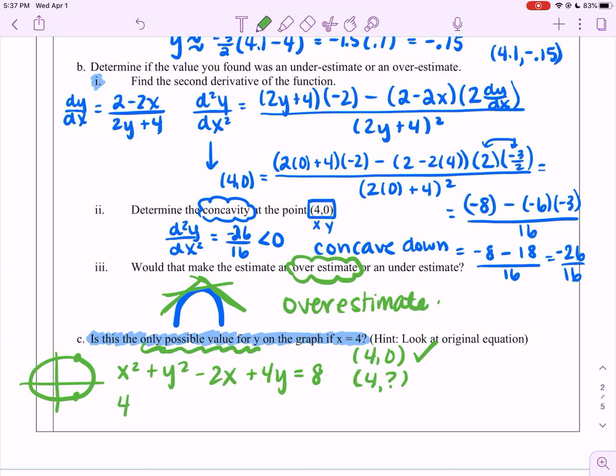If that's the case, that would be 4 squared plus y squared minus 2 times 4 plus 4y is equal to 8. If that's the case, we can continue here.